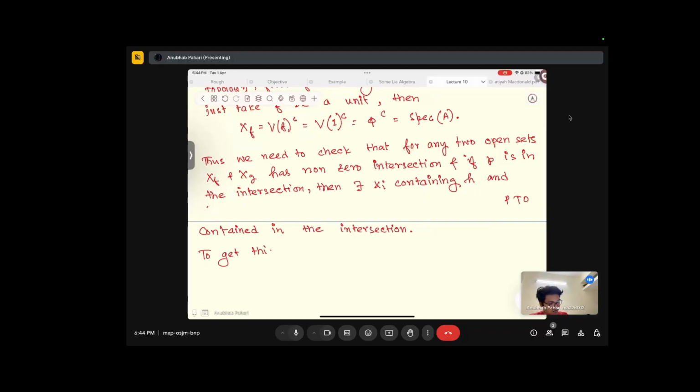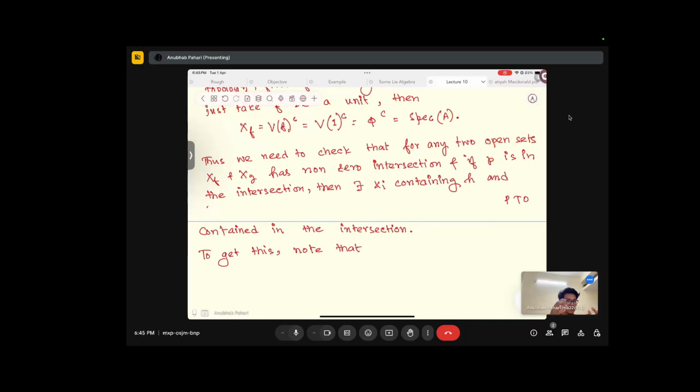To get this, note that what I have just written is that to prove something is a basis of open sets, it is enough to prove that it covers the whole set, and for any two open sets with non-empty intersection, this intersection is also a basic open set.